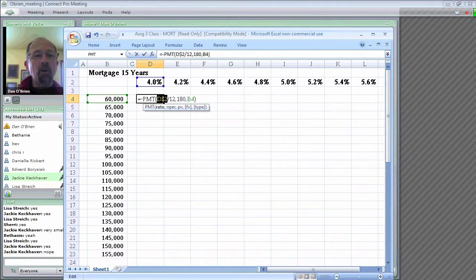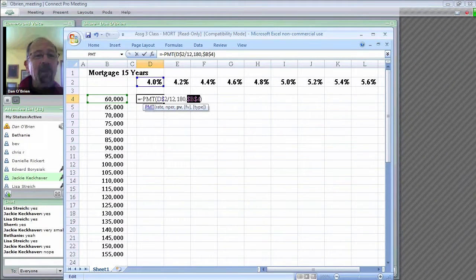Then I'm going to go to the B4, and the B4, I want to do another absolute. So I'm going to be pressing F4 again. I'm pressing F4 to make it absolute. Notice how a dollar sign is before the B, a dollar sign is before the 4.